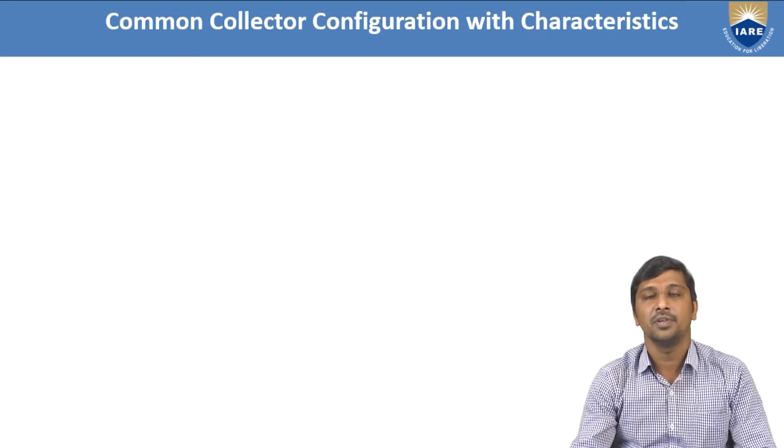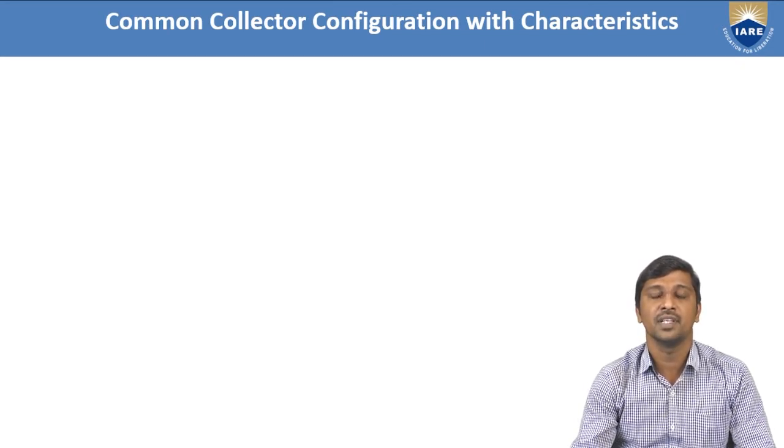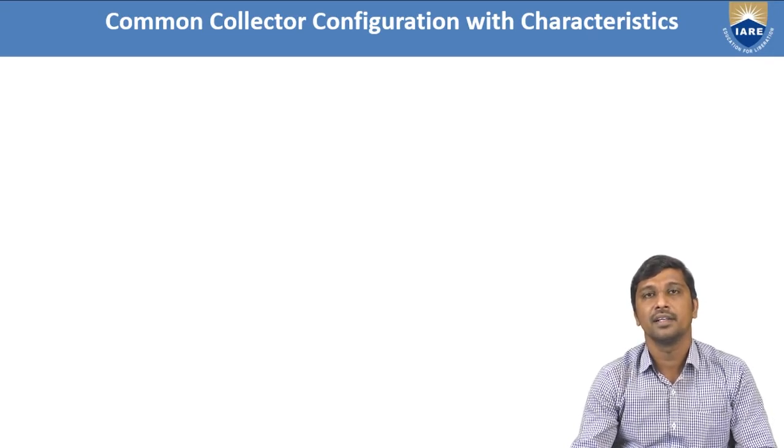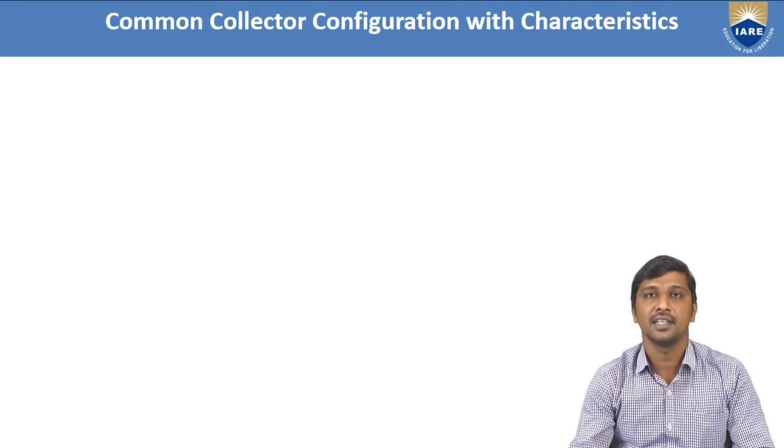To construct this common collector configuration, we first need to identify which terminal acts as the input and which acts as the output. The collector is common to both the input side and the output side. Apart from the collector, we have two terminals, base and emitter.